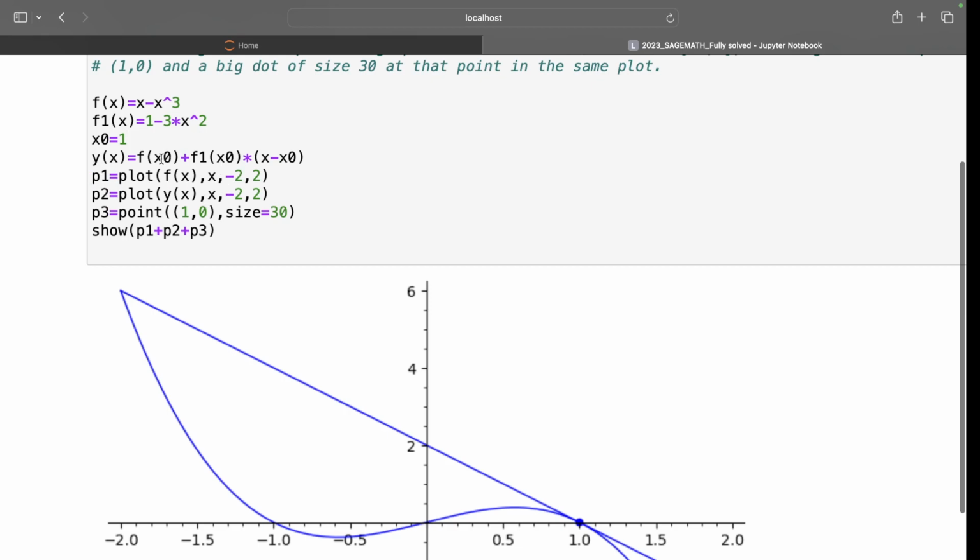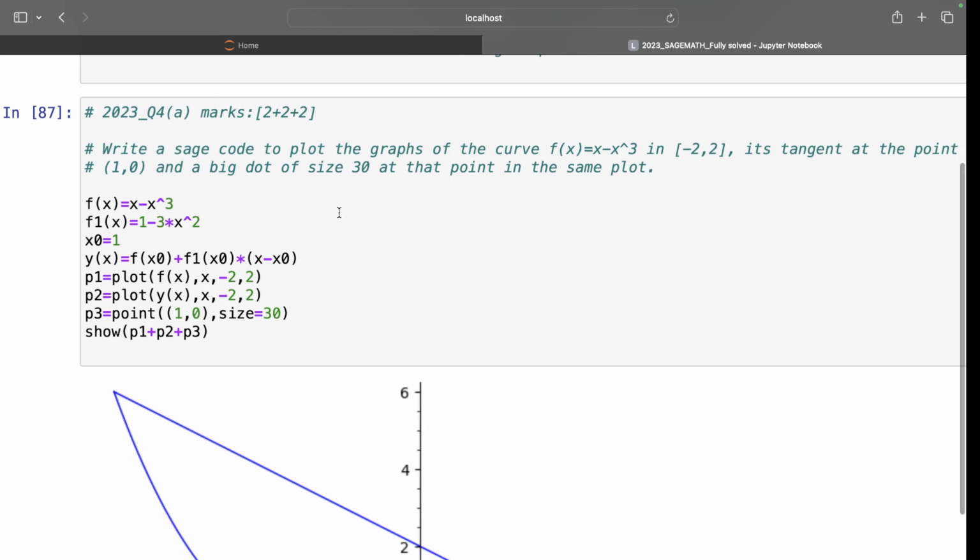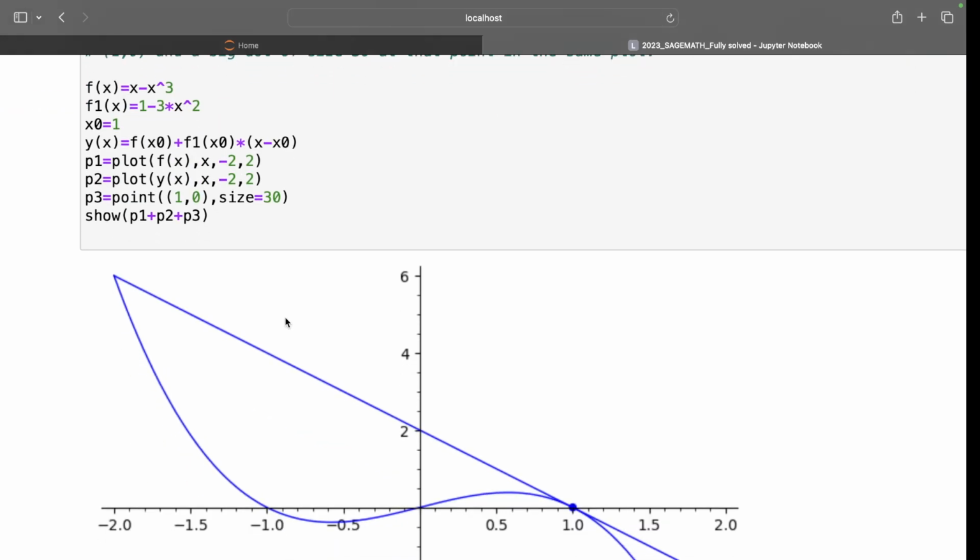So x0 is 1 because we find the point (1, 0). Actually, y minus y1 by x minus x1 equals f'(x); the formula is this, the tangent formula.